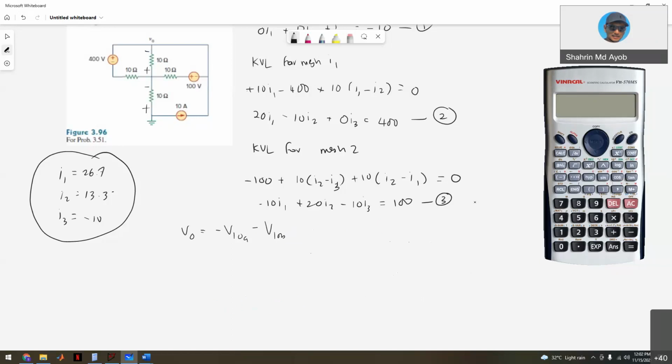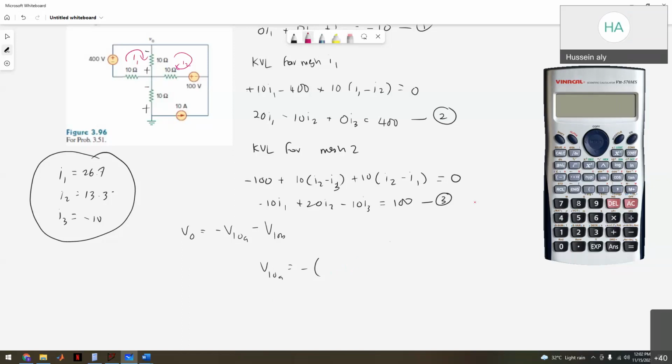So what is your V10A? Your V10A is negative. The current direction is this is your I1 and this is your I2. So I2 minus I1, because the current always enters the positive terminal.